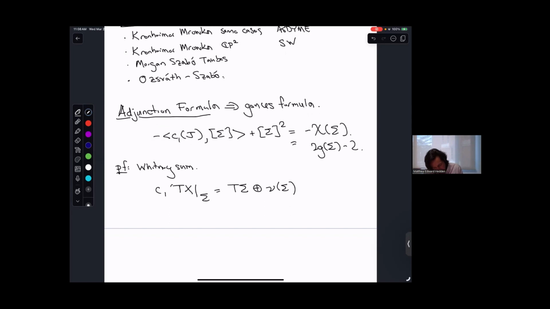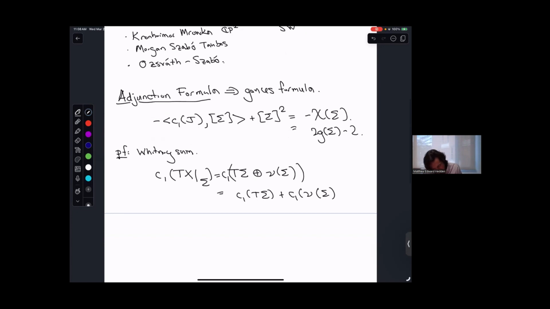And so taking first Chern classes, because we're dealing with a bundle over a surface, we get this, and then evaluating on the class of sigma more or less immediately yields the formula.